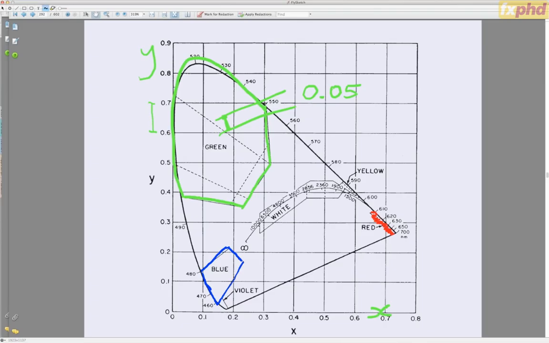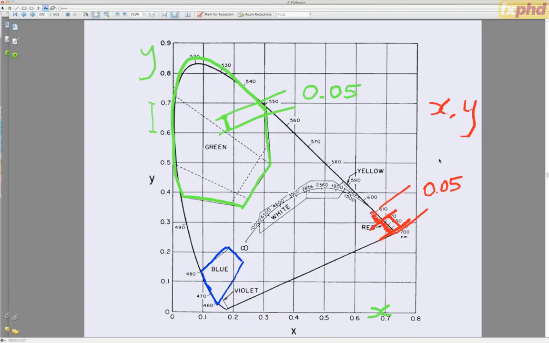And if you make a shift in green of that magnitude, you probably won't even see the difference, or would see a little tiny change. But making a 0.05 change in the red region can move you from red to orange. There's a huge change.